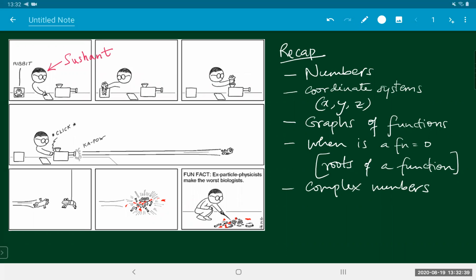How do you feel about the pace? Do you think this is going too slowly or too fast? Is there anyone who thinks this is going too fast? You can raise your hand in the chat. Okay, is there anyone who thinks this is going too slow?